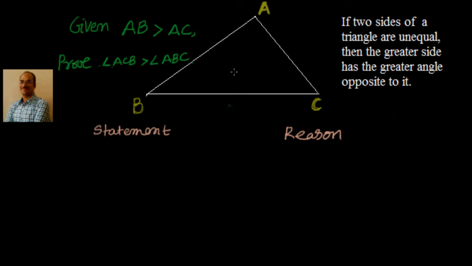So my first idea will be, can I create an isosceles triangle with the help of AB and AC? Since I know AB is greater than AC, I want to take A as the center and mark the AC length on AB, and the name given to it is D. This is D. Now I want to join CD.